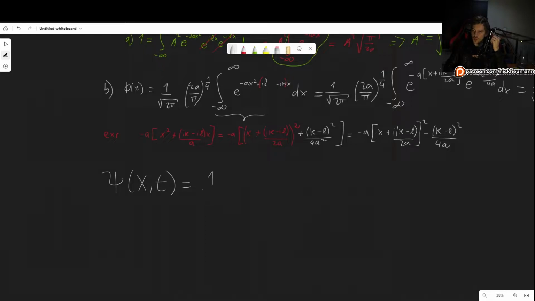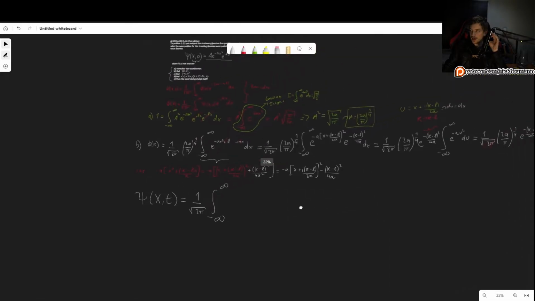So this will be 1 over the square root of 2 pi, just using the formula that we wrote above, integral from minus infinity to infinity, and then comes phi of k. Now, what was phi of k?